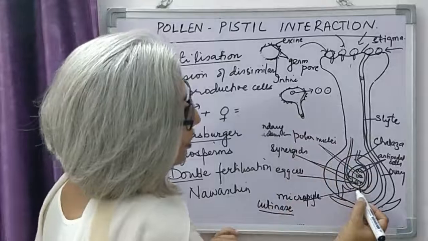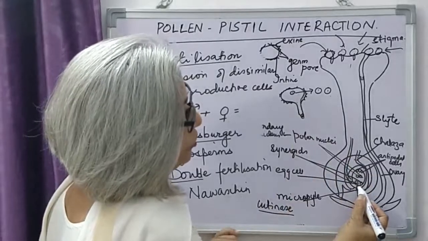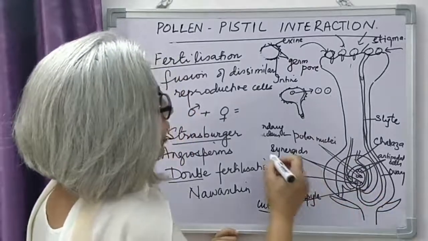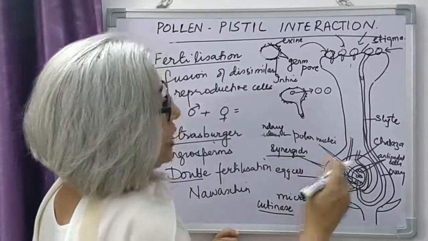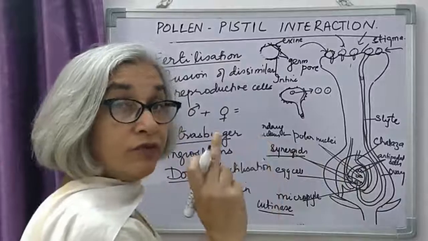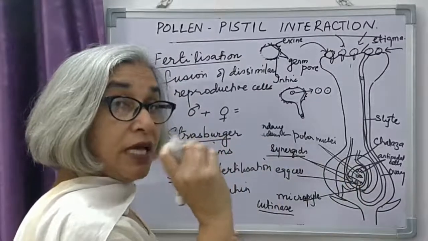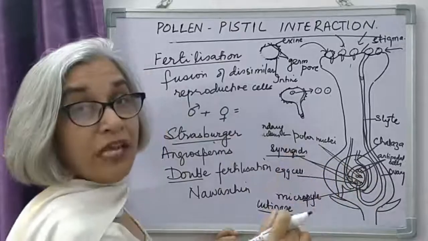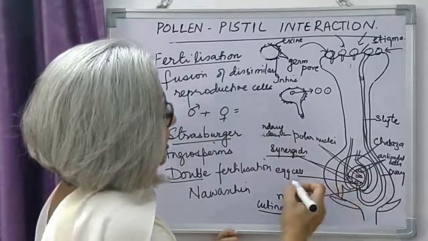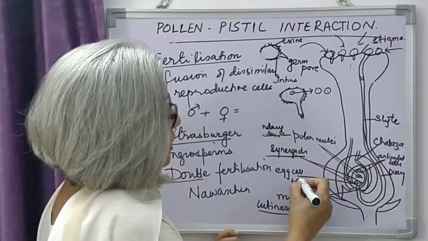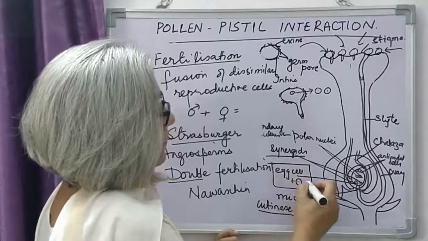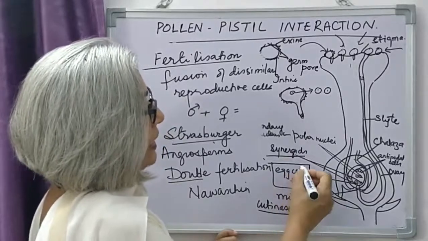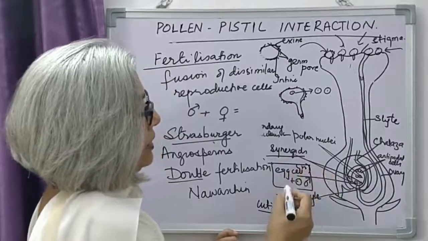Now, when the pollen tube enters through the micropyle, it enters the embryo sac through one of the synergids, and in the cytoplasm of the synergid, it leaves the two male gametes. Now, of these two male gametes, one male gamete will fuse with the egg cell. The egg cell is a haploid cell.